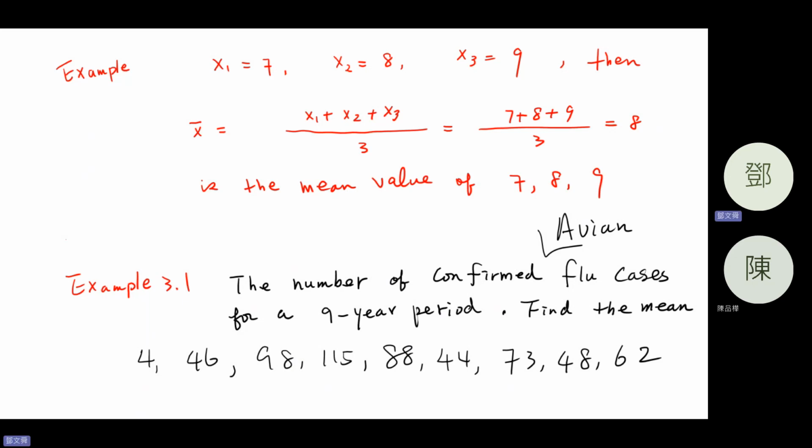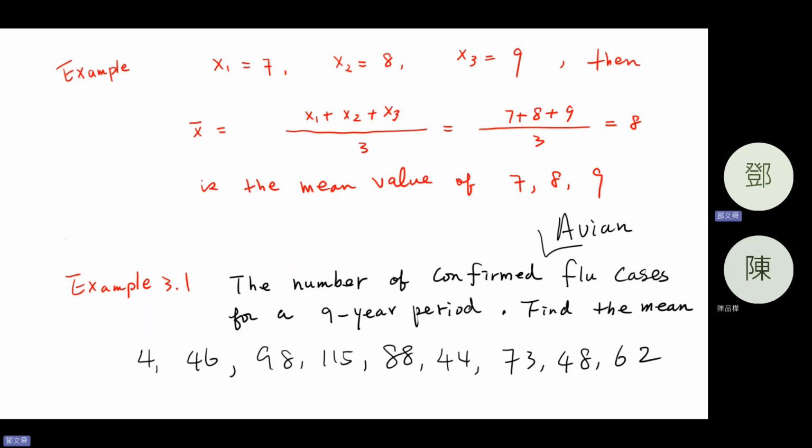Example 3.1. The number of confirmed avian flu cases for a 9-year period is as follows. Please find the mean. What is avian flu?